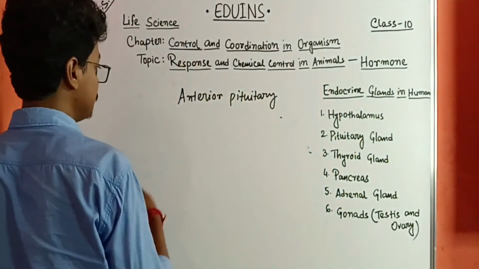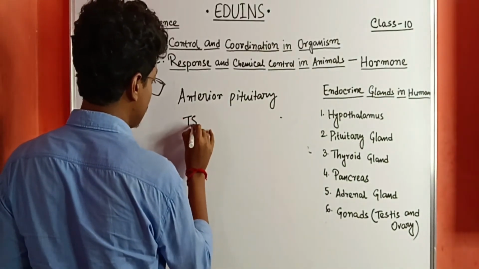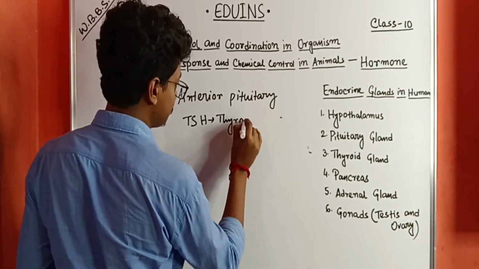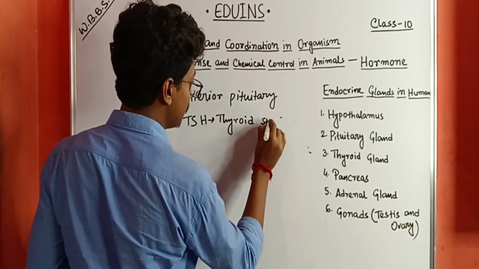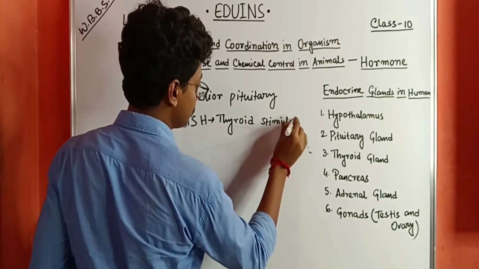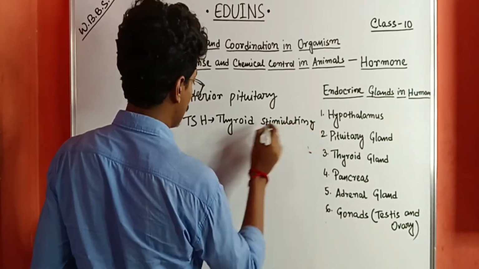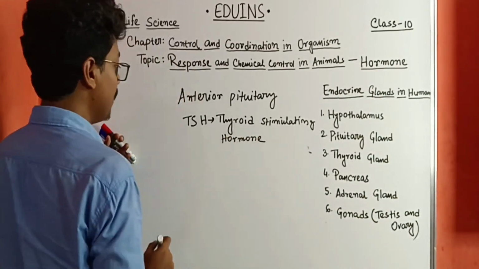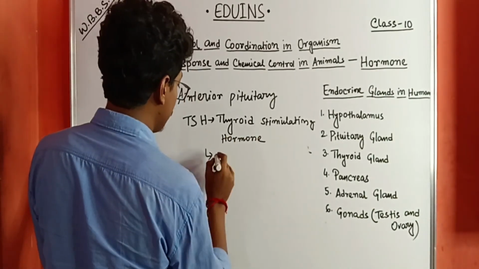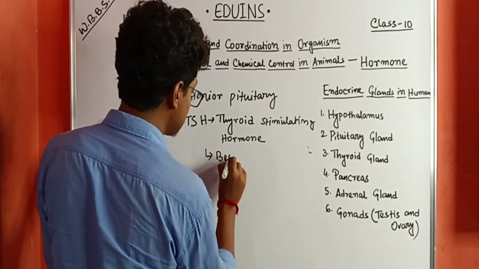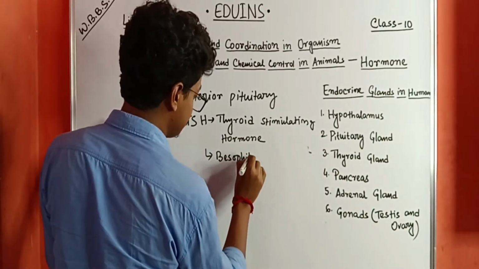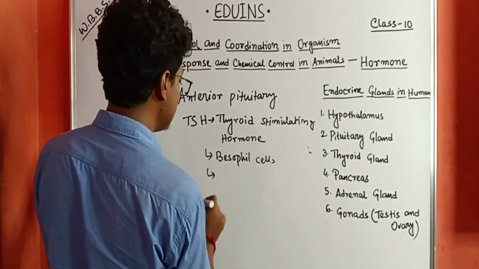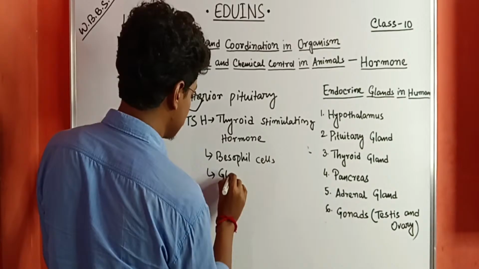Next one is the TSH, thyroid stimulating hormone. Okay, it is secreted from the basophil cells and it is glycoprotein in nature.